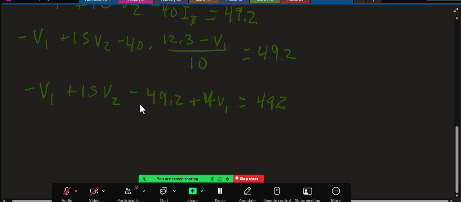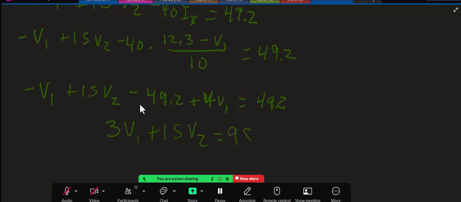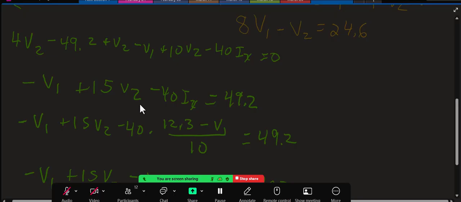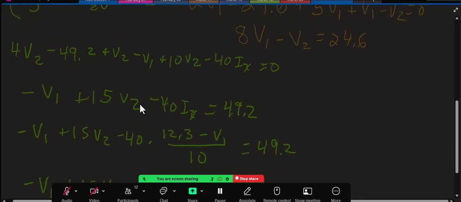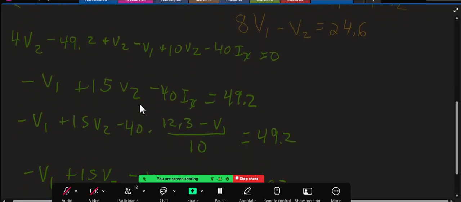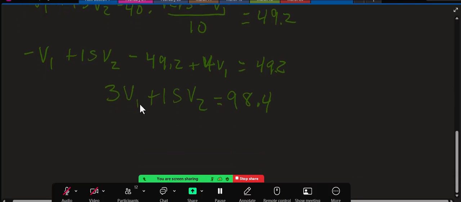So then I believe I get 3V1 plus 15V2 equals 98.4. And then the other equation I got from my other node was 8V1 minus V2 equals 24.6.